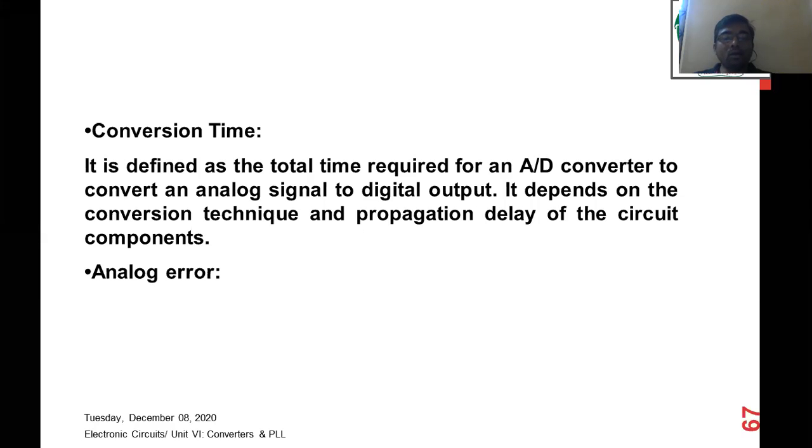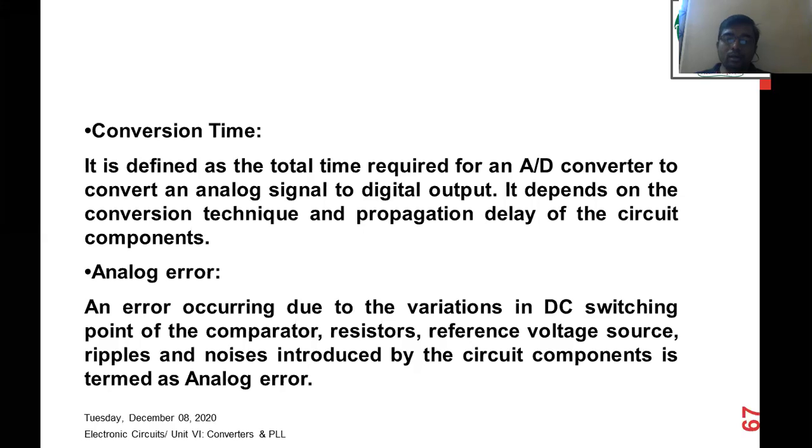Fourth one is analog error. It is an error occurring due to the variation in the DC switching point of the comparator, resistors, reference voltage source, and ripples and noises introduced by the circuit components.